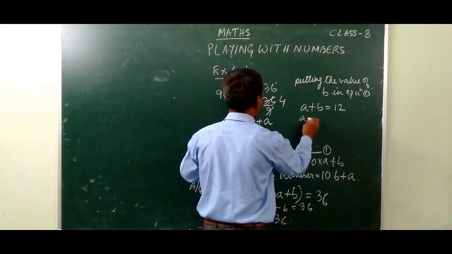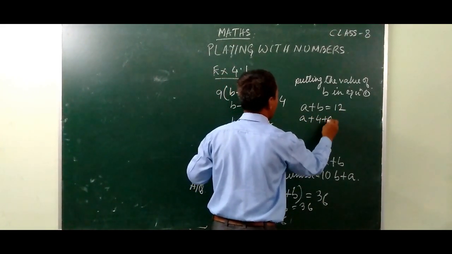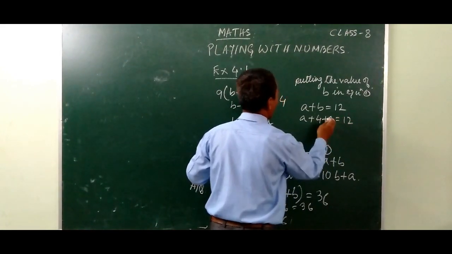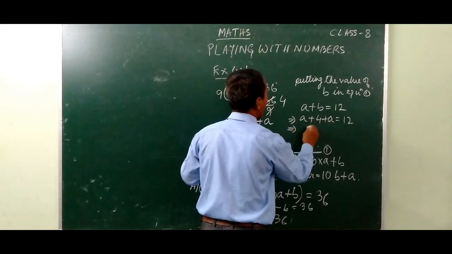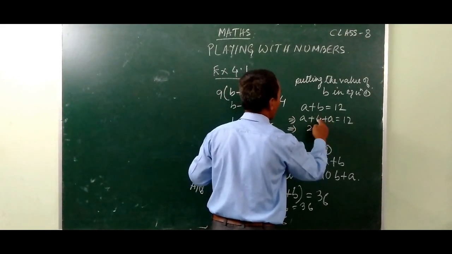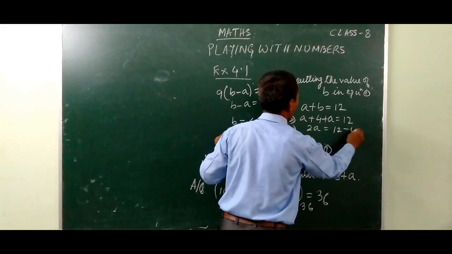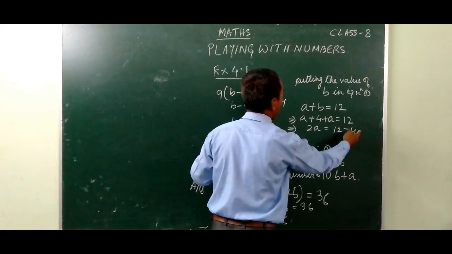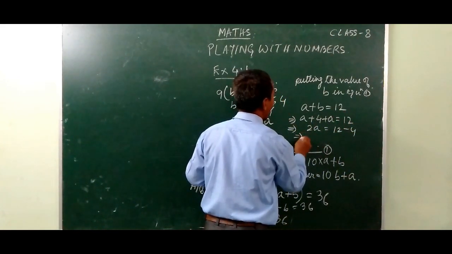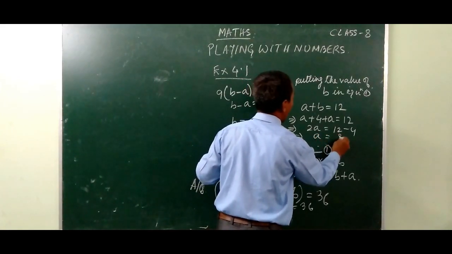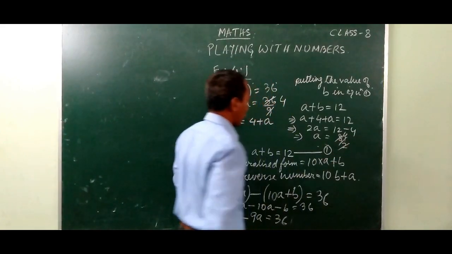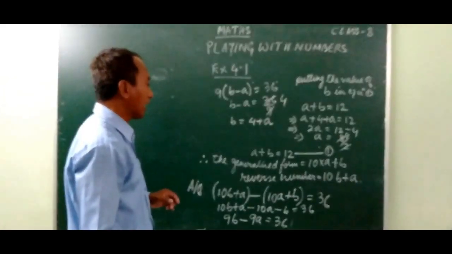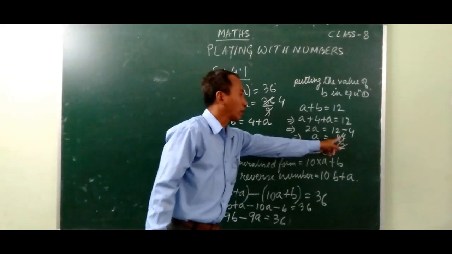The value of b is 4 plus a, so 4 plus a plus a equals 12. A plus a is 2a. So 12 minus 4 is 8, and 8 divided by 2 gives a equals 4. You got a as 4.